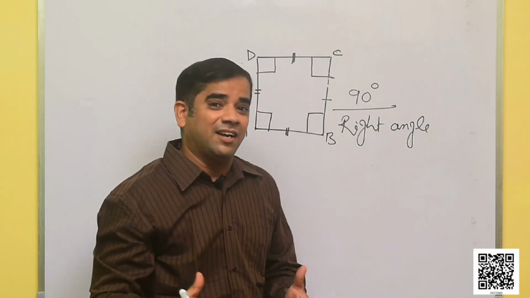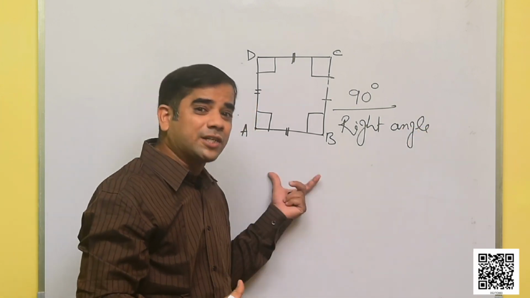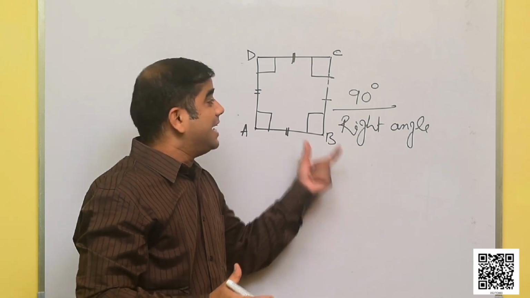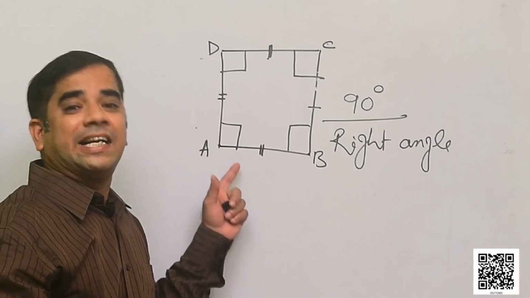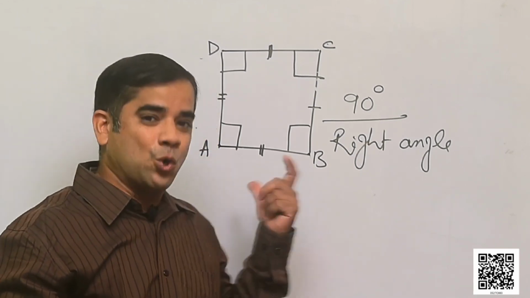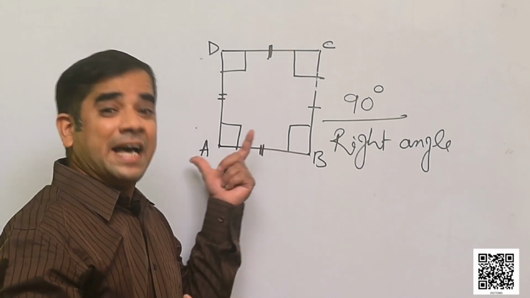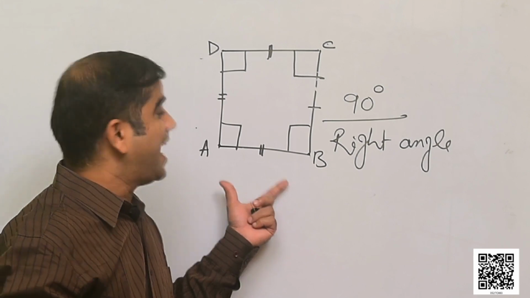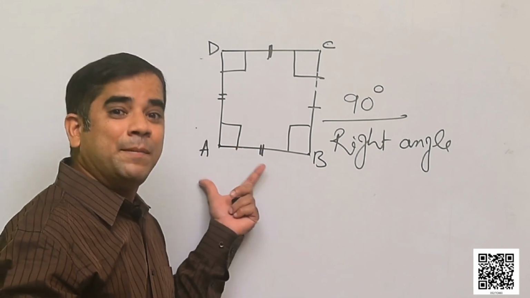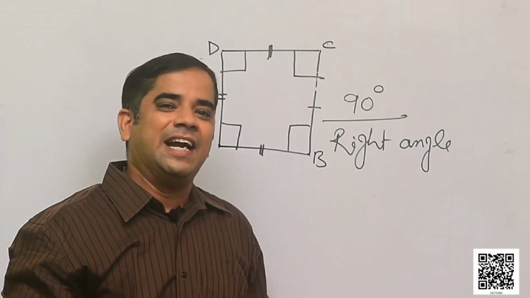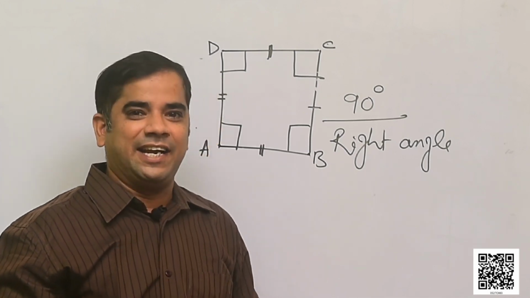So I can say that a square is an enclosed surface having 4 equal sides and the angle between 2 adjacent sides is 90 degrees. Again I am repeating this: a square is an enclosed surface having 4 equal sides and the angle between 2 adjacent sides is a right angle, or a value of 90 degrees.